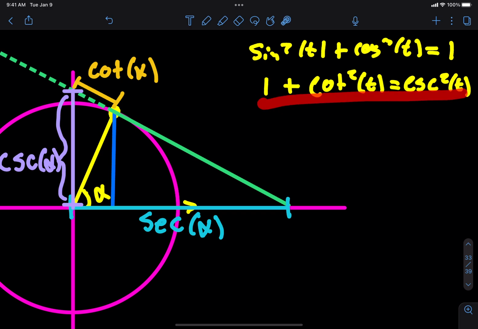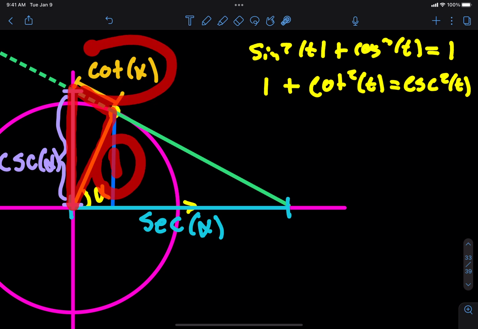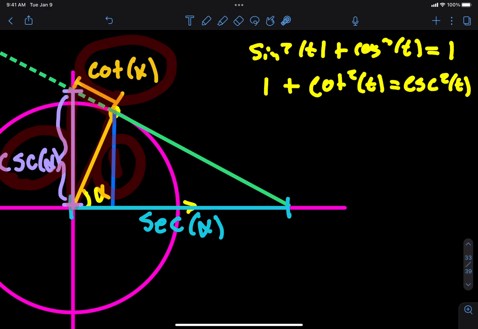This is the Pythagorean identity, not for this triangle, but for this triangle. If we look at this triangle, the short leg is the radius, 1, right? So we take this 1 squared plus cotangent squared will be equal to cosecant squared. This is a hypotenuse thing. This is just the Pythagorean theorem.